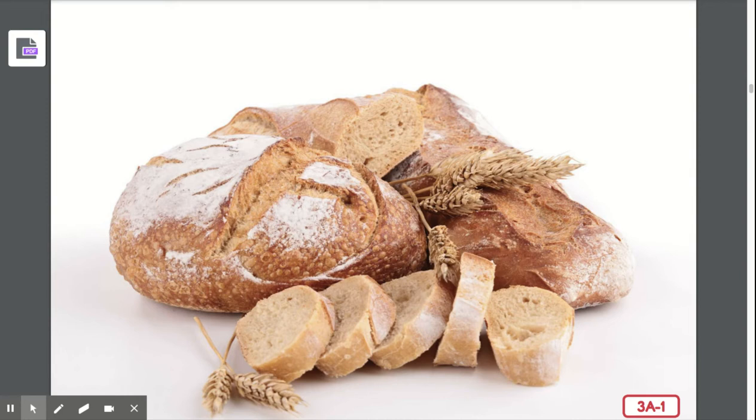What is the main ingredient in bread? Flour. That is correct. Does the bread making process take a long time? Yes. What is the name of the tradesperson who makes bread?